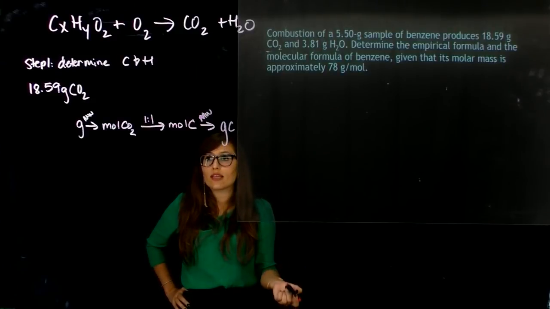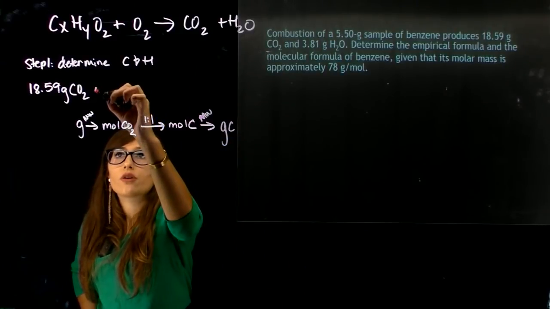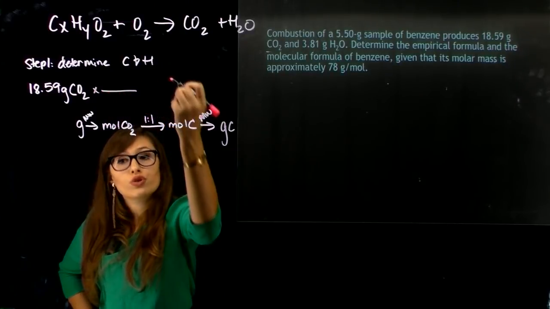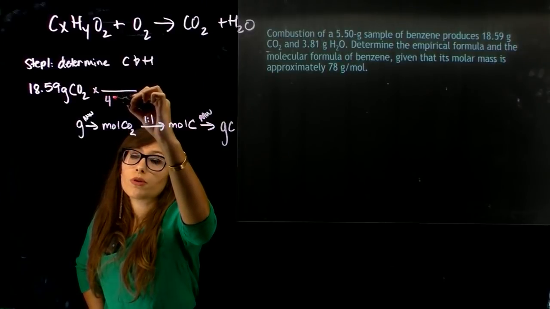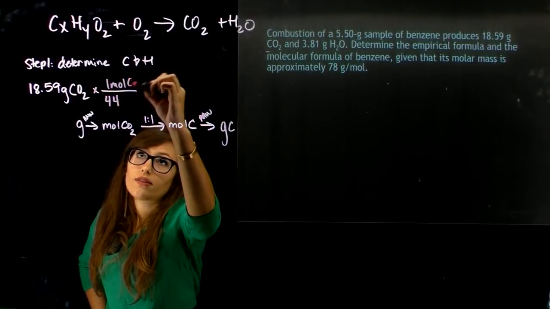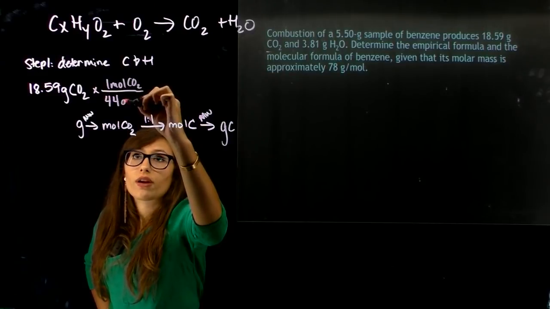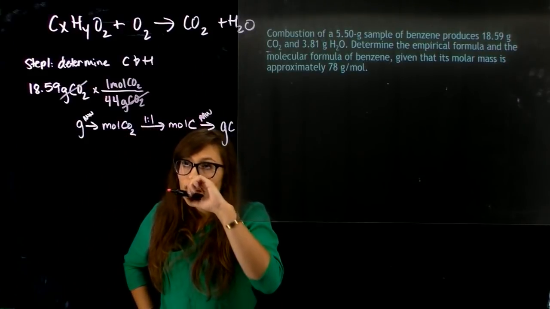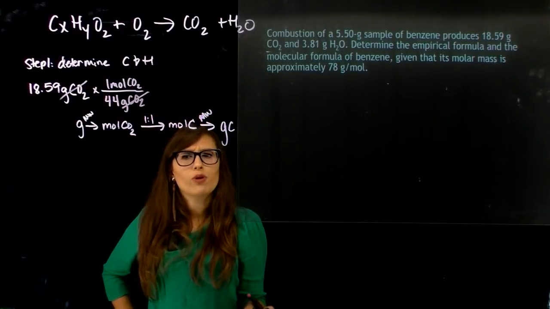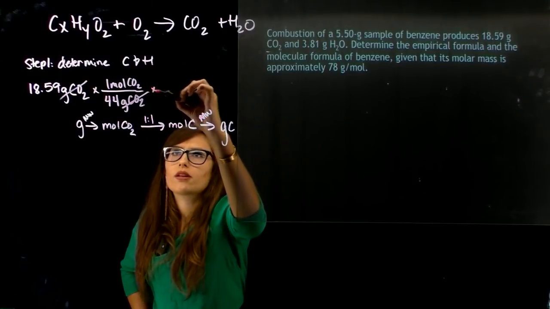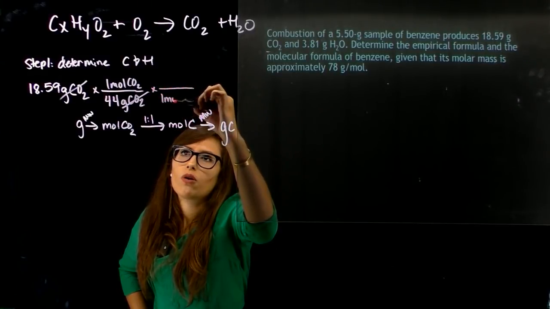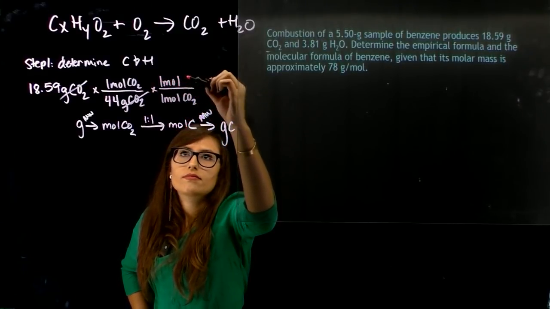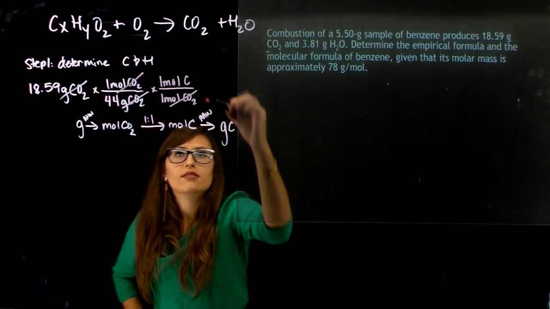So let's follow this think map. First, we go to moles using the molecular weight of CO2, which is 44 grams, so 1 mole of CO2 per 44 grams of CO2. Grams cancel out, and now I have moles of CO2. But I want moles of carbon, and for every 1 mole of CO2, we have 1 mole of carbon, so moles of CO2 cancel out.